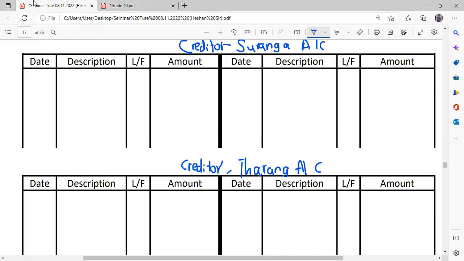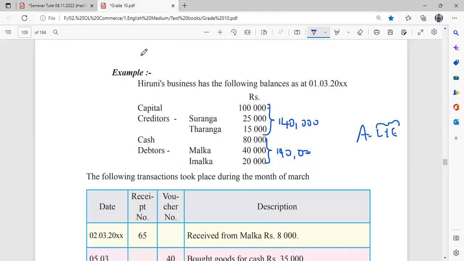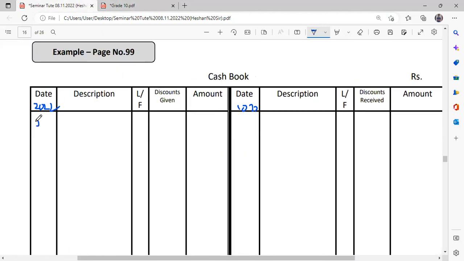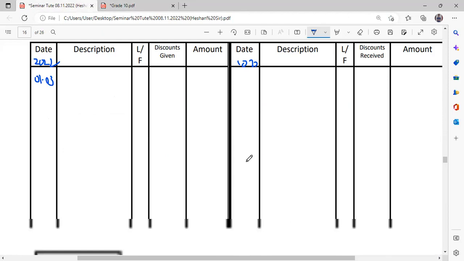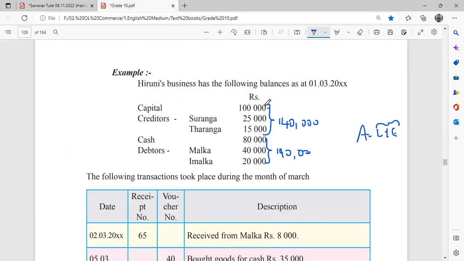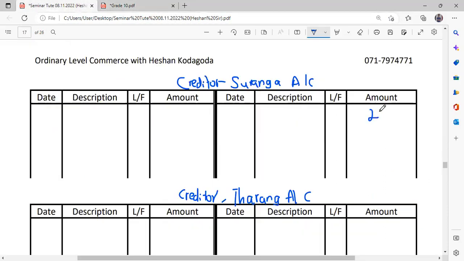Okay, so these are the creditor balances, right? Now the cash balance is 80,000. You know we record the cash balance in the cash book. On 1st March, we need to record the opening balances in the accounts of Surang and Tarang. Surang 25,000, Tarang 15,000.